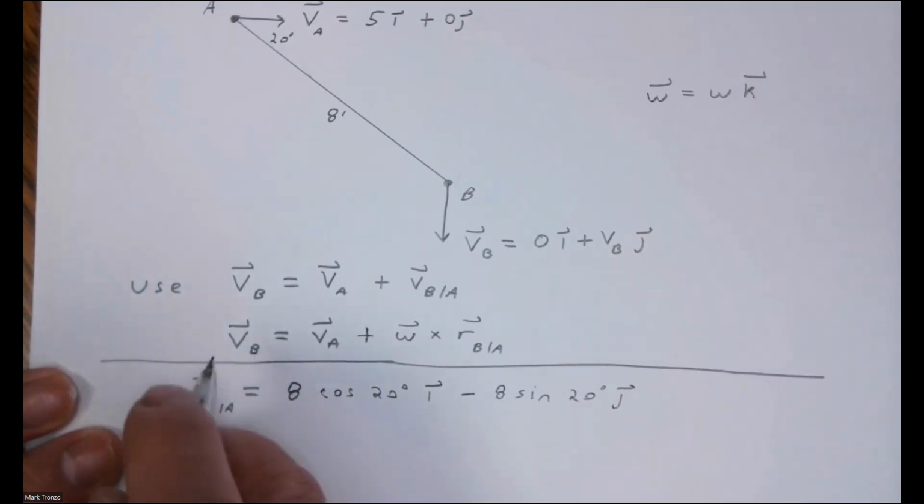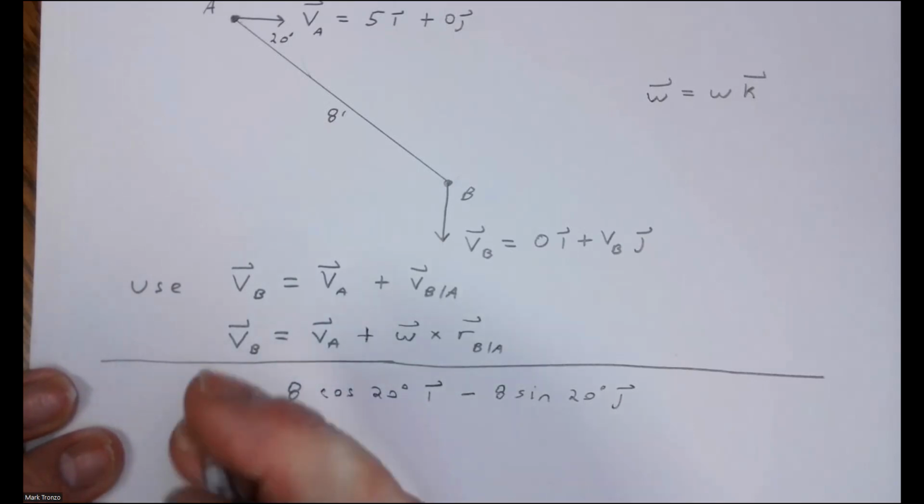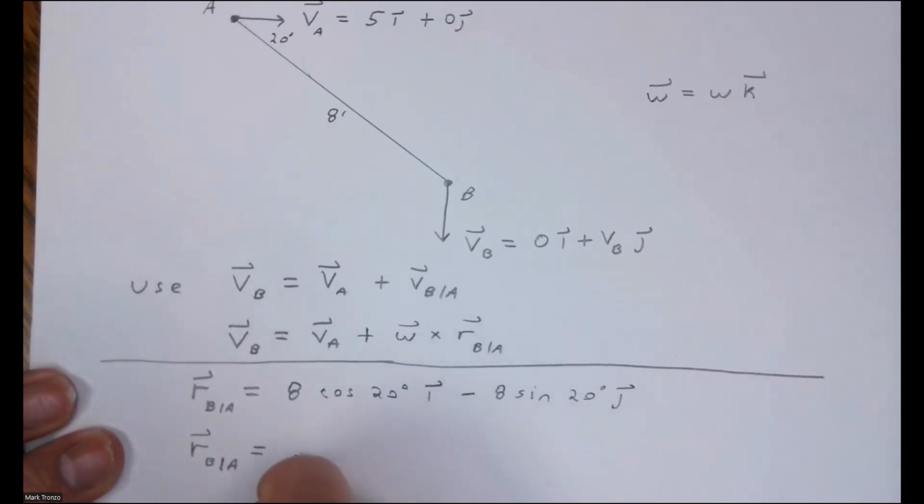When you put these in your calculator, you get 7.52 I, negative 2.74 J.